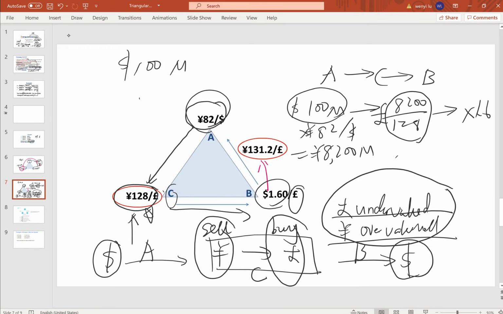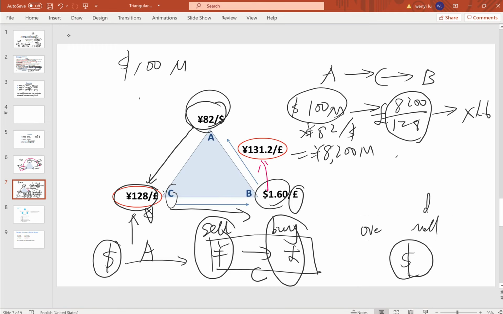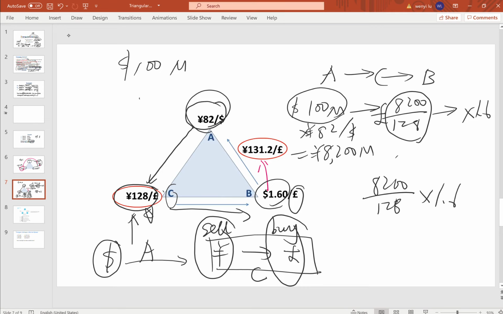So our final calculation, how much dollar you get back, will be 8200 over 128, then times 1.6. That's equal to $102.5 million. So compared with your initial investment, you got an additional $2.5 million as your arbitrage profit. So that's the result for this question.